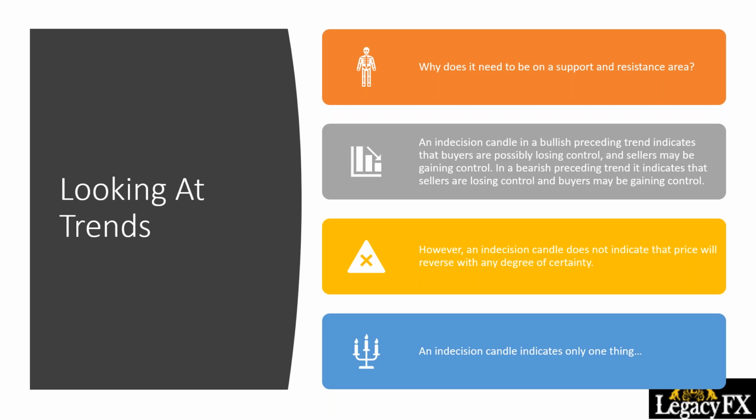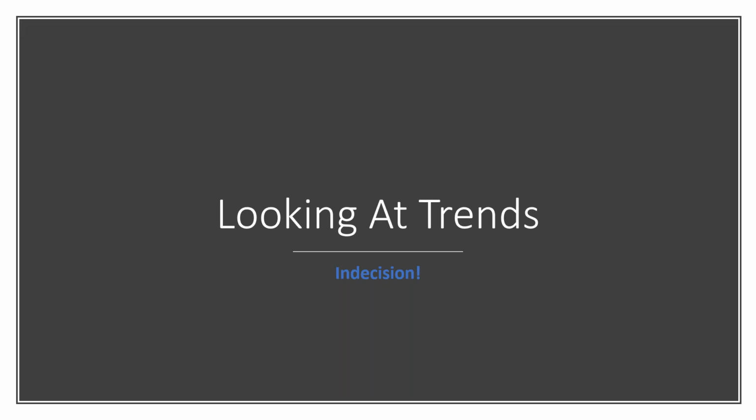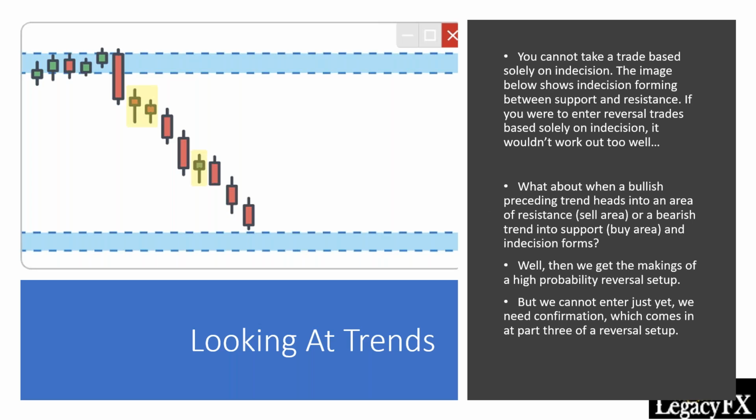We're not sure, because the trend can continue straight up after the next move. It's telling you the markets have shifted to indecision. Somebody still has to make a decision. However, an indecision candle does not indicate the price will reverse with any degree of certainty. An indecision candle indicates only one thing: indecision. So you cannot take a trade based solely on indecision.